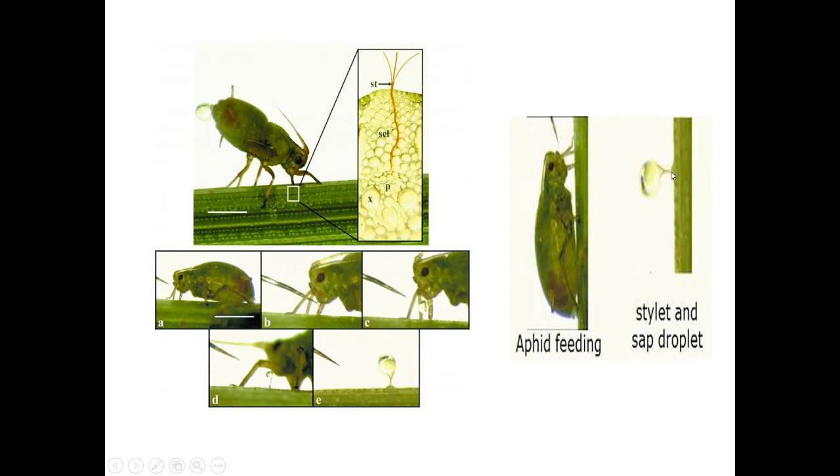It is pierced into the sieve elements by puncturing the stem. Now as there is a hydrostatic pressure in the sieve tubes, the exudate comes out of the cut surface. Exudate means whatever sugary substances are present inside the sieve elements, they have some hydrostatic pressure.